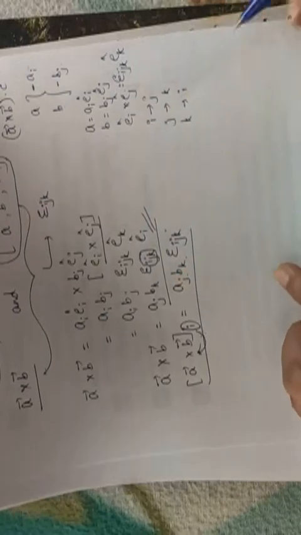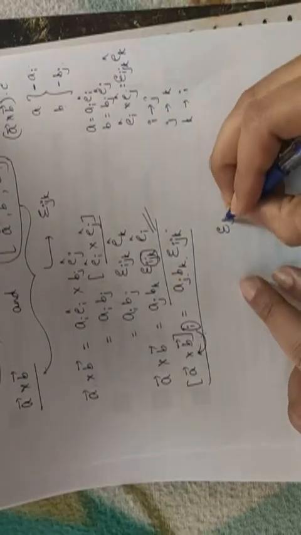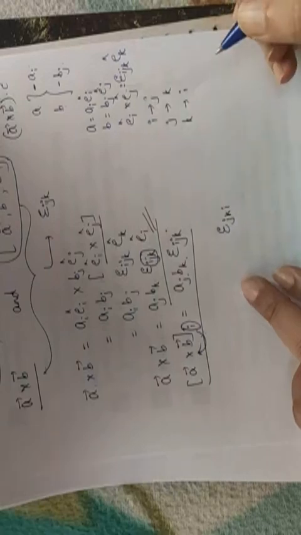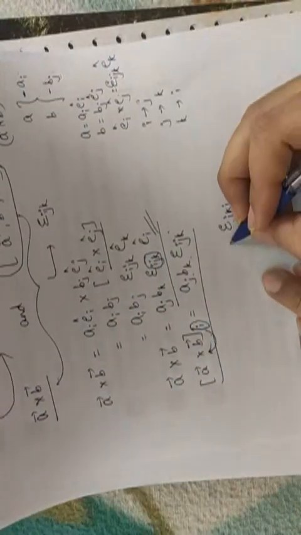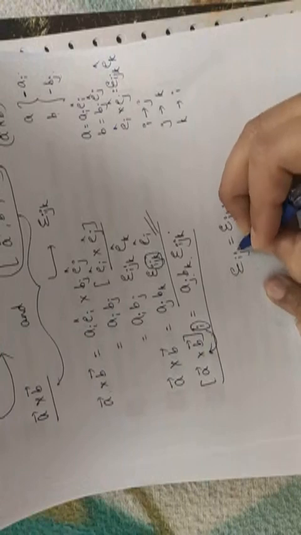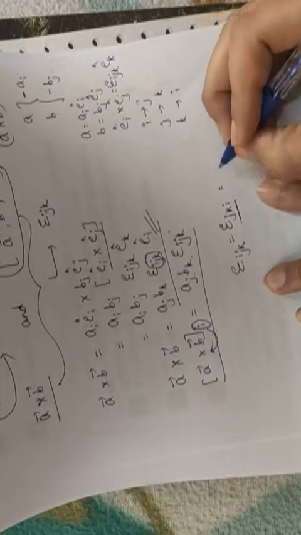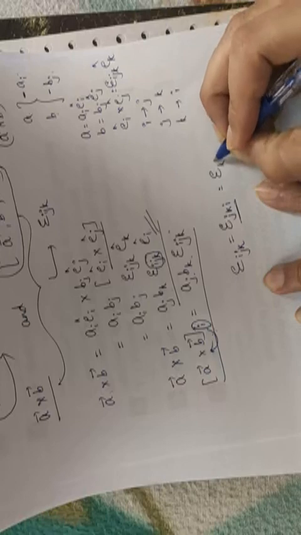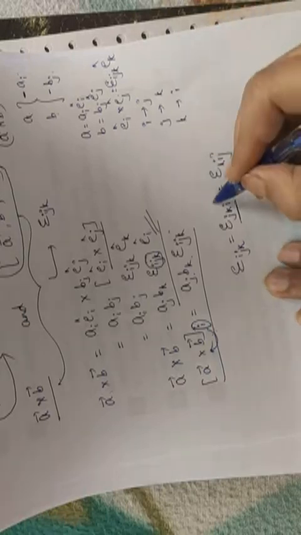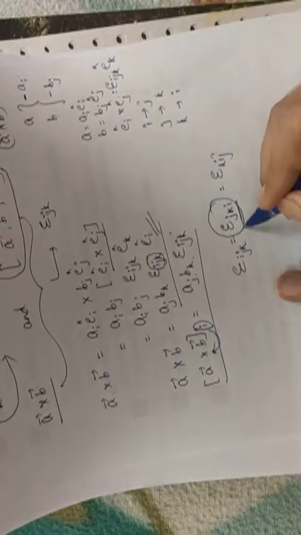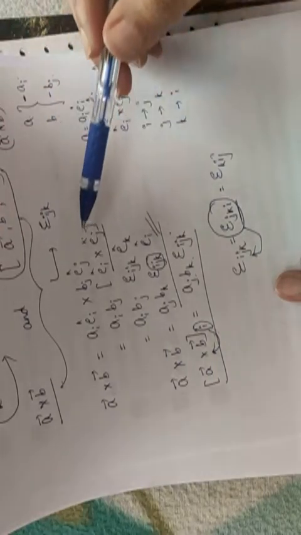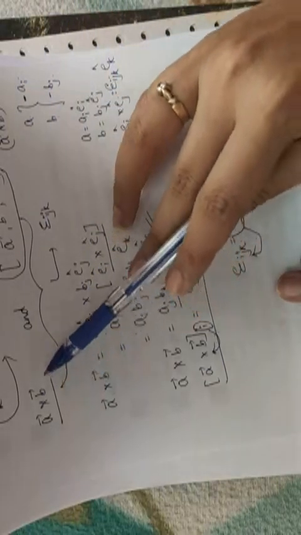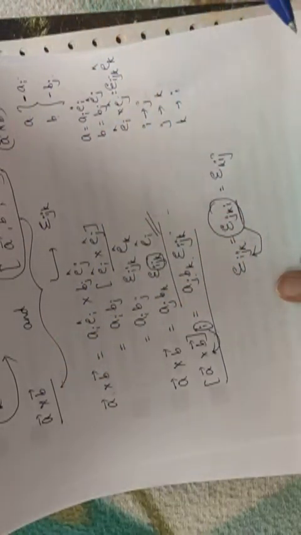Why? Because if I write epsilon jki, this is in a cyclic manner, jki, right? So in cyclic manner we know that epsilon ijk is equal to epsilon jki, this is equal to epsilon kij. So in the place of epsilon jki, I can write epsilon ijk itself, right? So this is how we represent a cross b in terms of epsilon ijk.